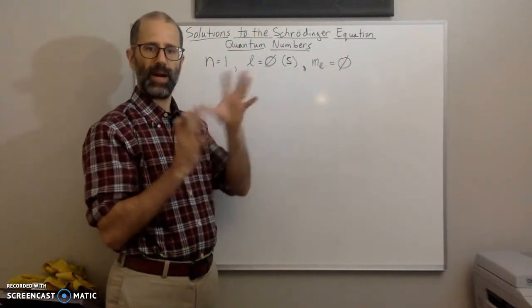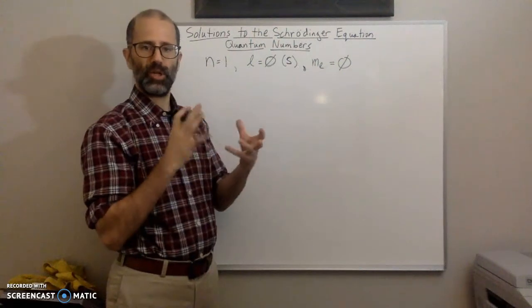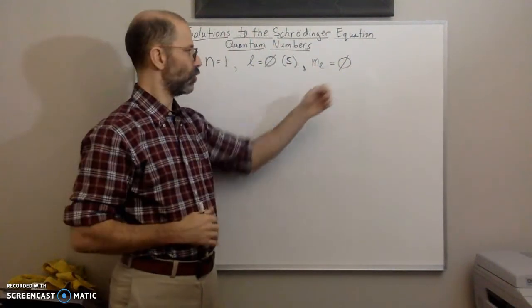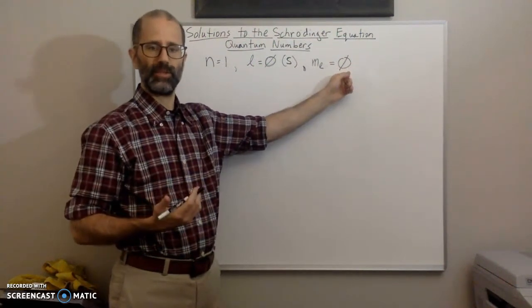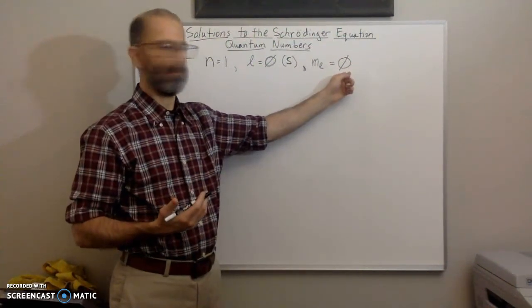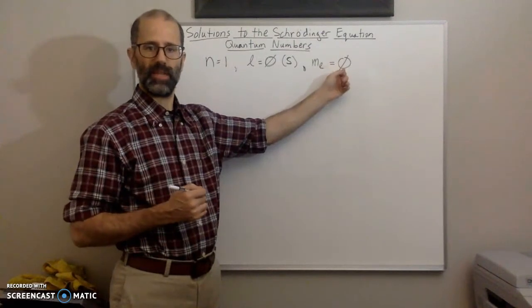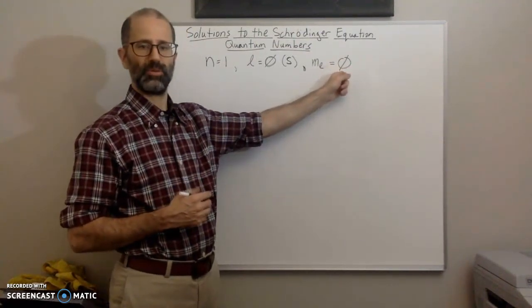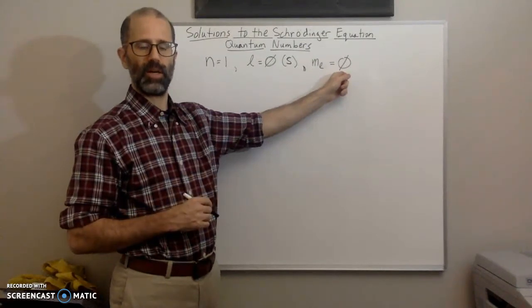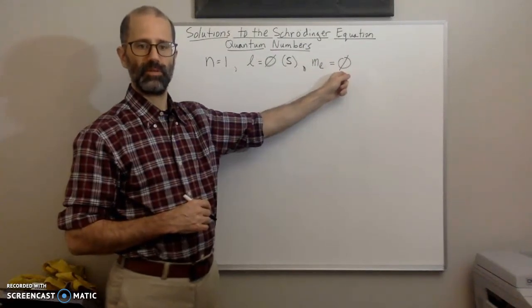None. No matter how you turn it, the sphere always looks the same. So you only get one value because there's really only one orientation of a sphere in space.